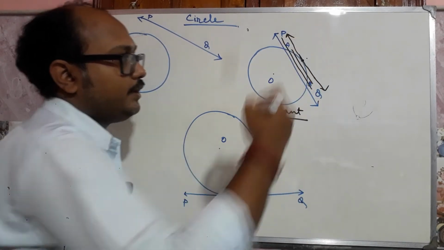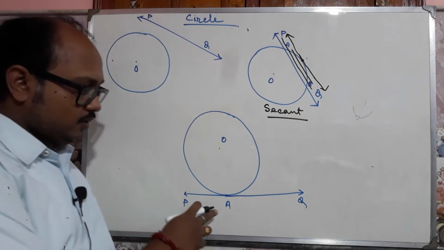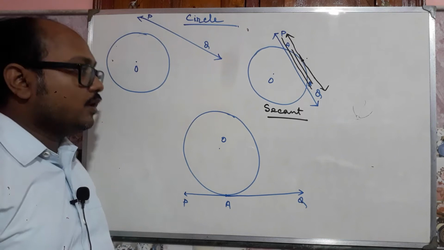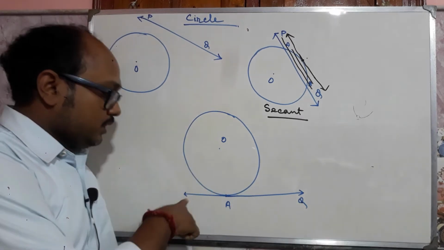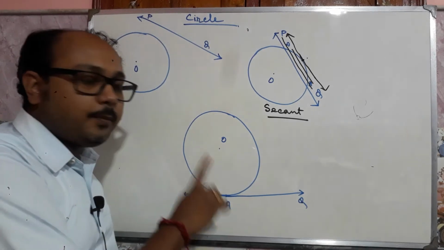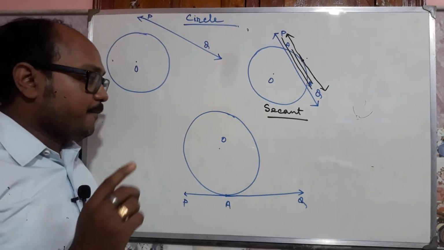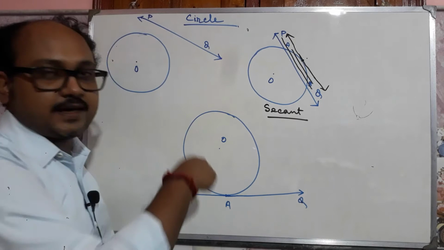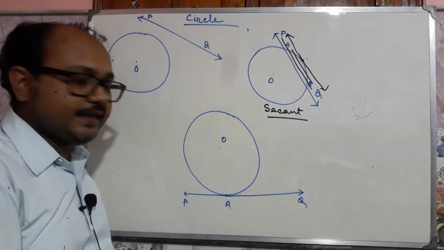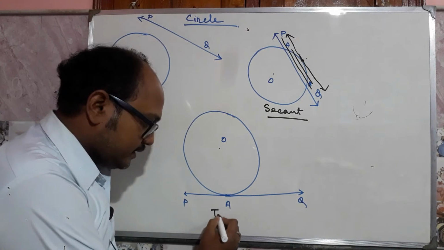This will be the point. Then you see here, the straight line intersects the circle at only one point, or you can say the straight line touches the circle. Then this straight line is known as a tangent of that circle.